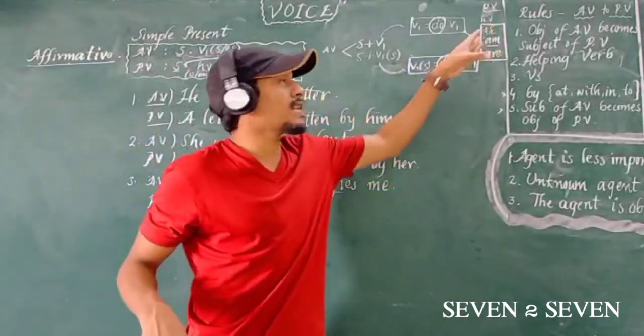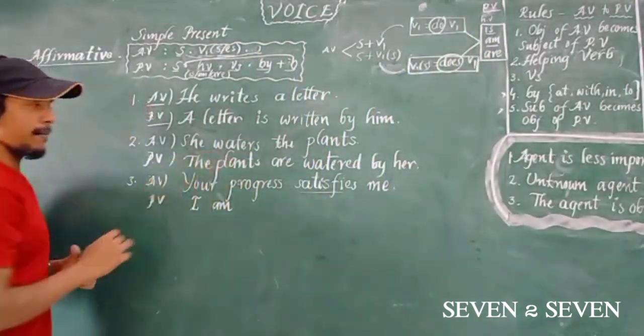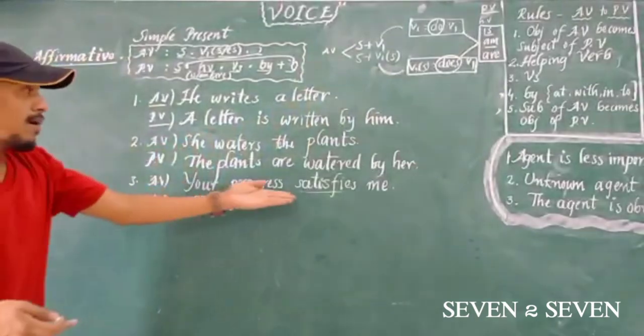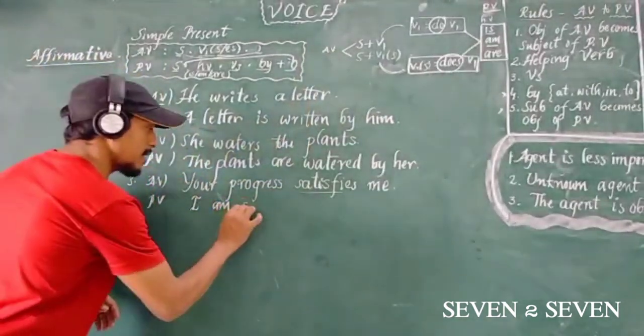Then what's the helping verb? Is, am, are. The subject is I, so am. Next, what is the third form of the verb? We have to find out the verb. The verb is satisfy. What is its third form? Satisfied.